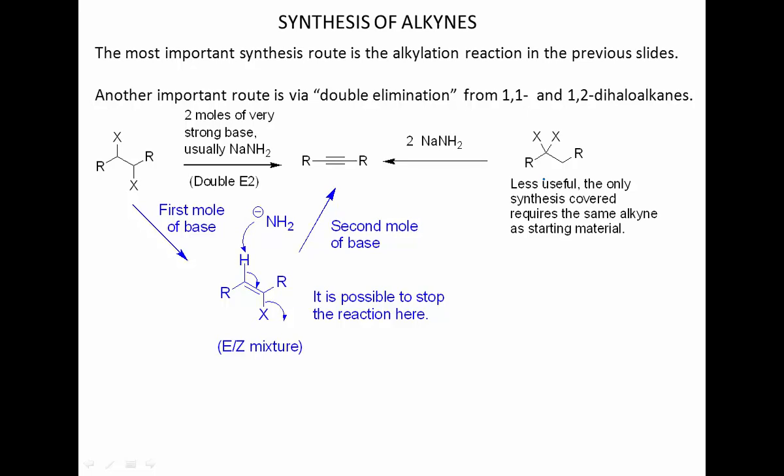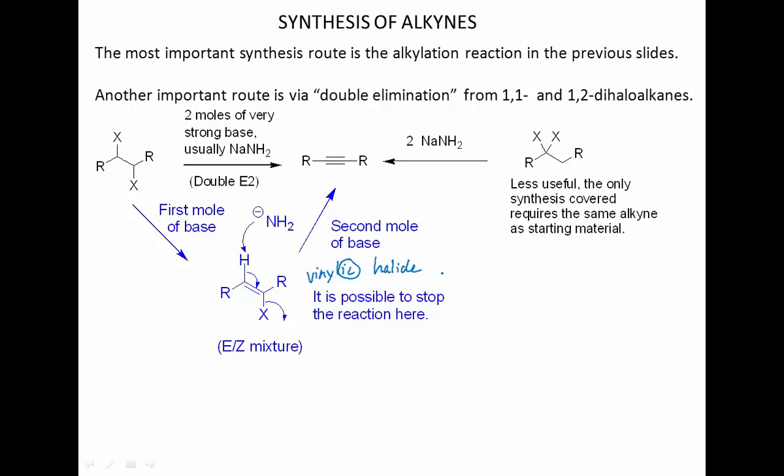Okay, so here's what's happening in this reaction. Our first mole of base is doing an E2 reaction to make a vinyl halide. That's what we call this type of intermediate, a vinylic or a vinyl halide.